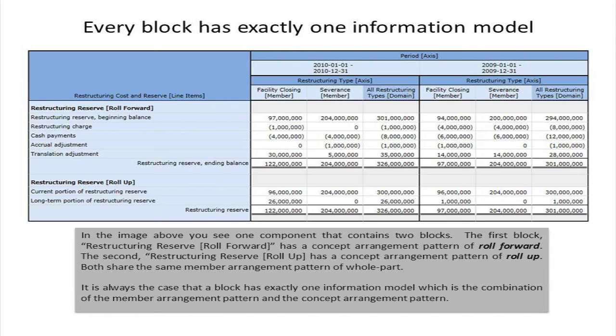So the network that contains the table that contains this component contains two blocks. The point here is that we want to look at blocks because they have the concept arrangement pattern and the member arrangement pattern that is identifiable, and you can use that information to do helpful things for people using the information or even creating the information.